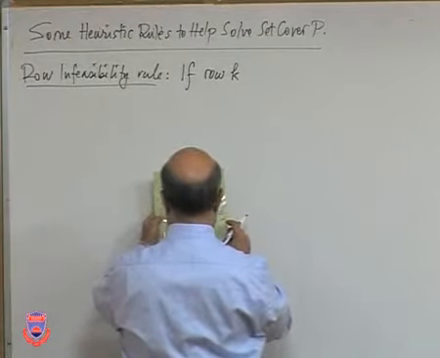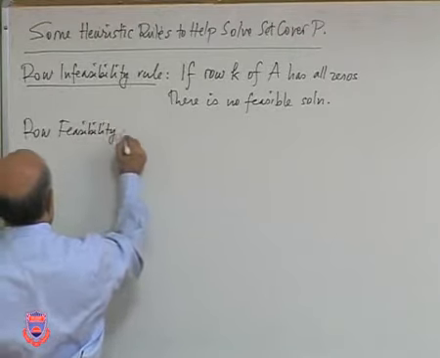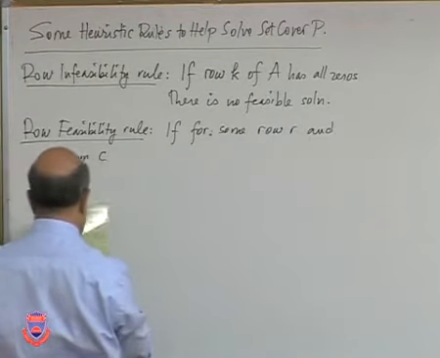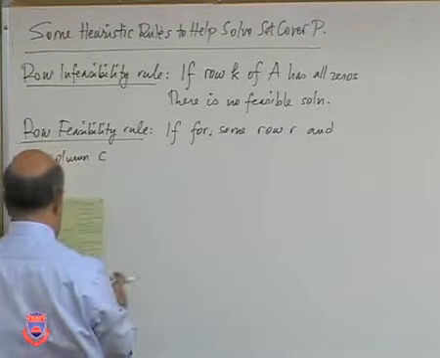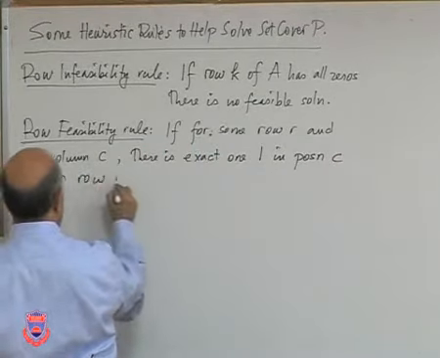Now, there's another rule, row feasibility rule. If for some row R and column C there is exactly one 1 in position C in row R, what's the conclusion?